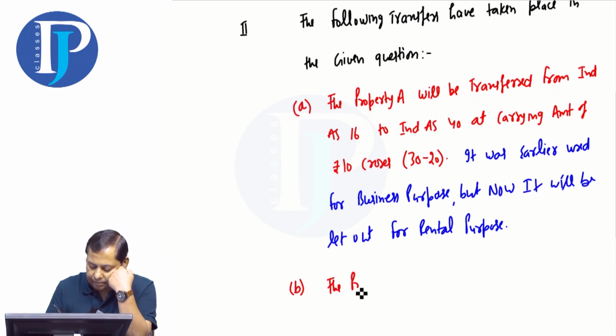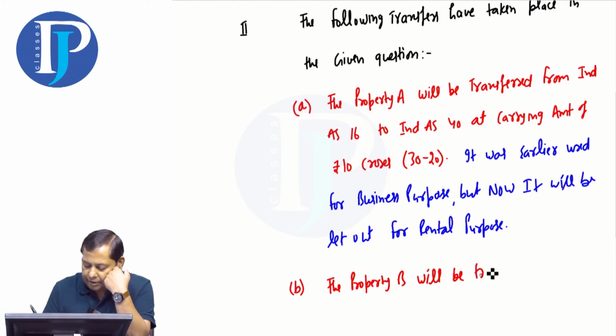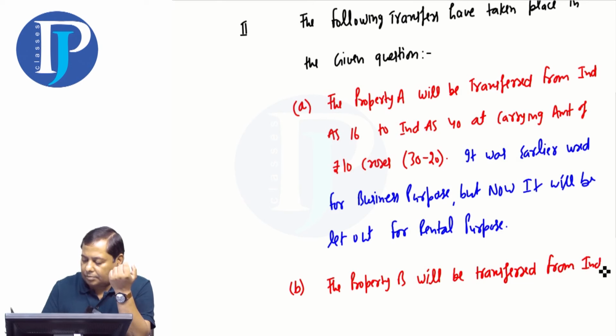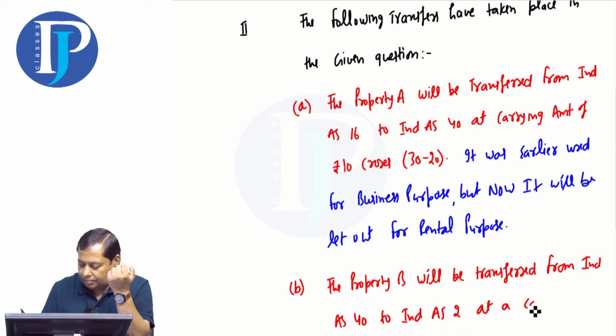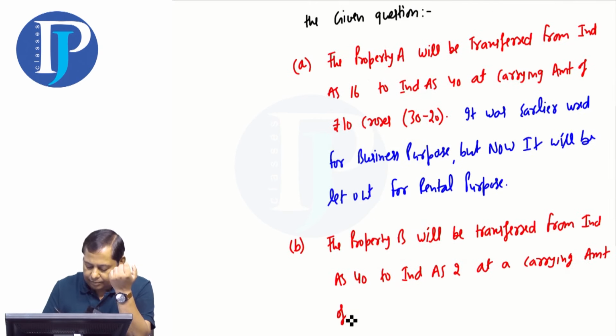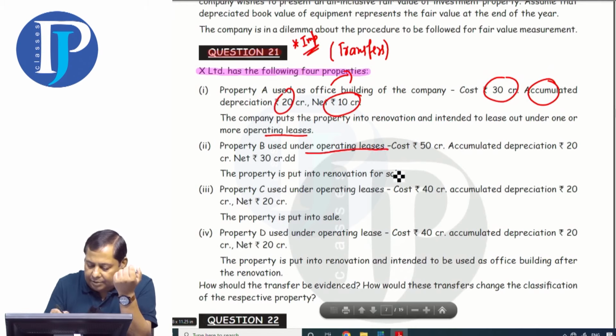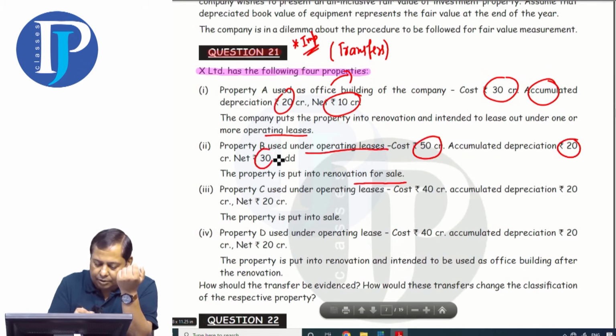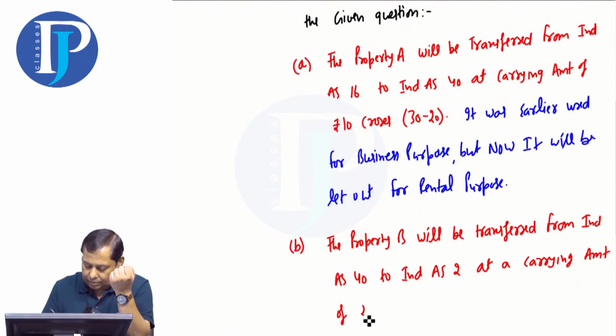The property B will be transferred from Ind AS 40 to Ind AS 2 at a carrying amount of, it was earlier on lease, now on sale, 50 crores, 20 and 30. 30 crores.